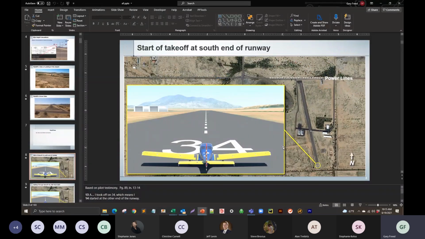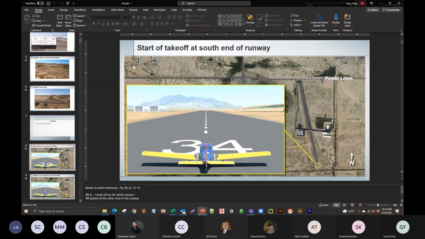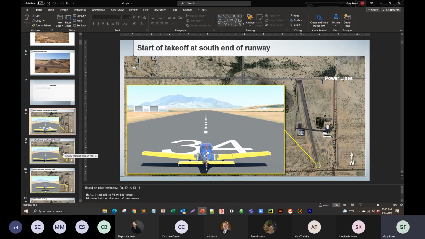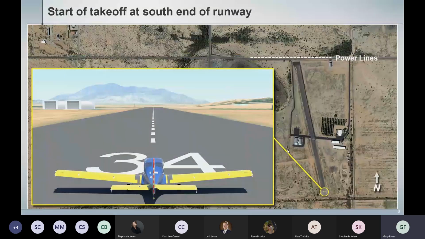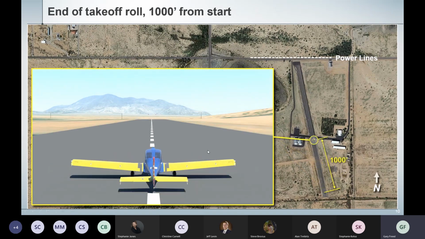We did a few views for him just to try to support his story. His theory was that if I show the pilot taking off here, you can see the marker balls down here. He should have known that there was a power line there, and so on his return, he would have been aware of them and taken action to avoid them.